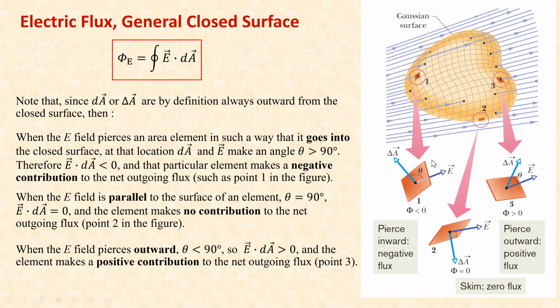And some of them have negative contribution when the electric field is going into the surface, and some of them have zero contribution, some have positive contribution, and these are of course scalars. The total becomes a scalar.